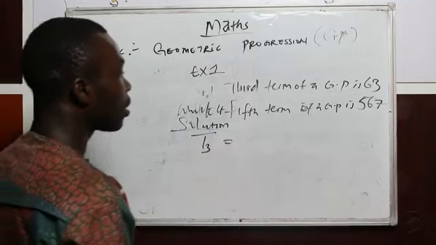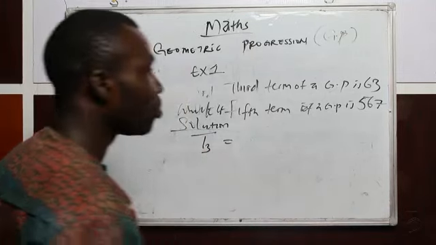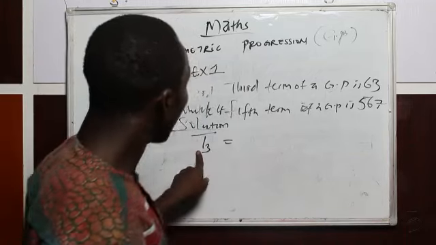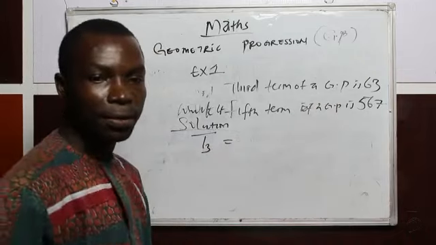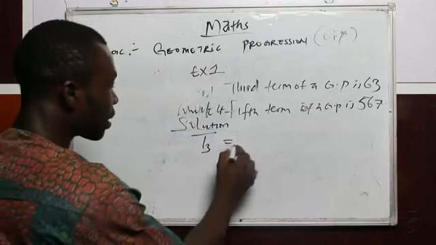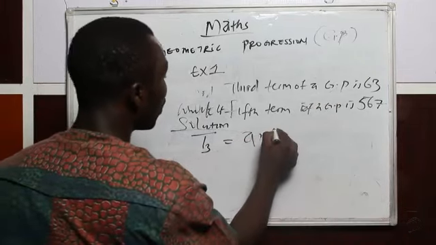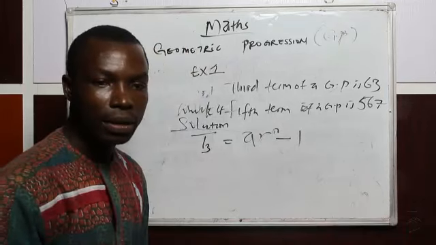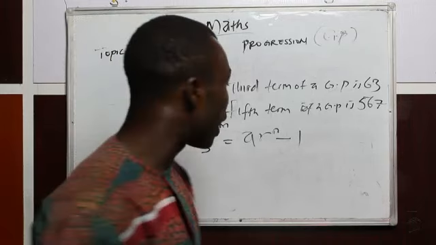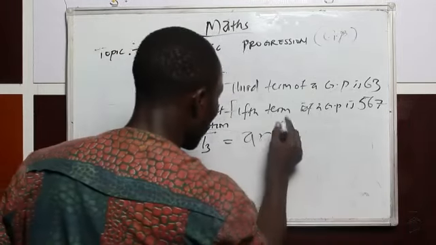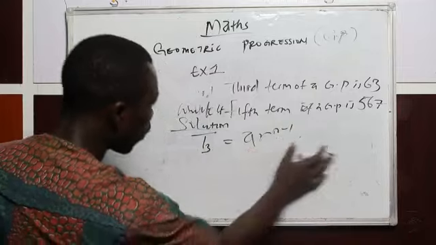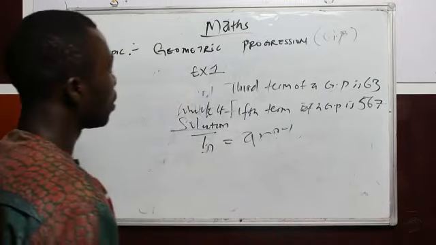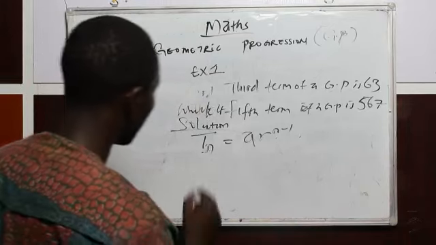T3 is equal to, what is our first term? We don't know. What is our common ratio? We don't know. But we know that the third term of this one is 63. Therefore, we use the formula Tn equal to a r raised to power n minus 1.